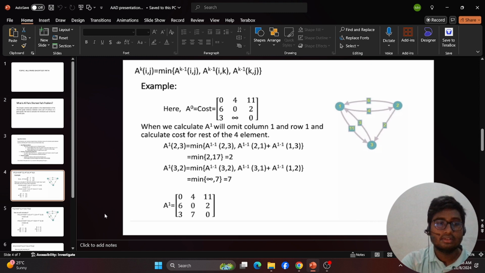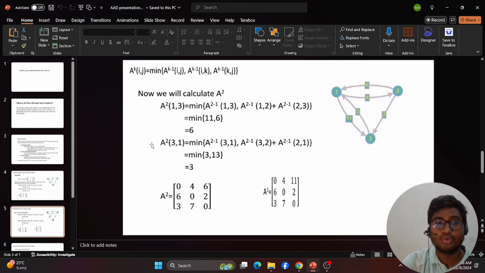Again we calculate the A2 matrix in the same procedure using the A1 matrix. First of all we set the diagonal values to 0, and put the A1 matrix second row and column values into the A2 matrix second row and column. Then we calculate the A2 matrix entries 1 3 and 3 1 minimum values.